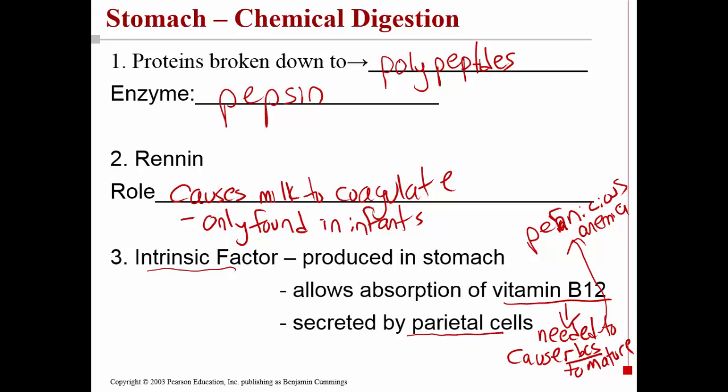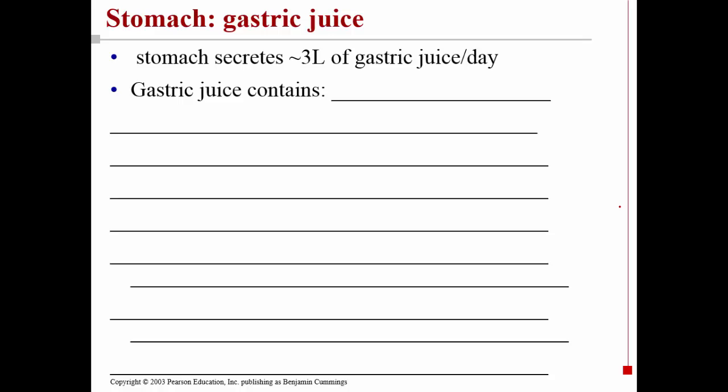Because actually there are a lot of chemicals in the stomach. The stomach secretes about 3 liters of what's called gastric juice every day. And the pH of gastric juice is between 1.3 and 3.5. This is very acidic.